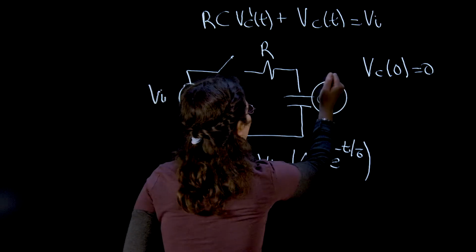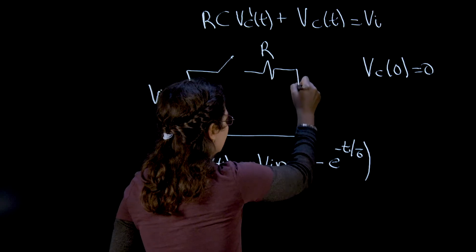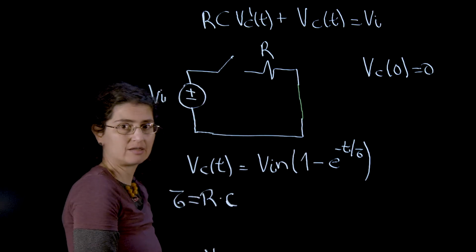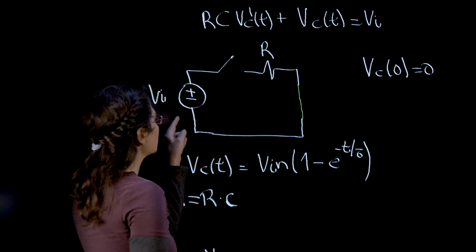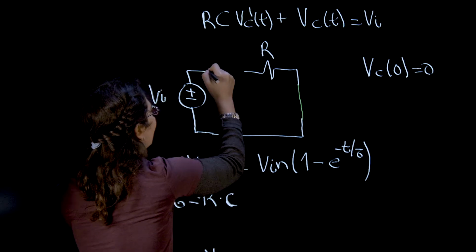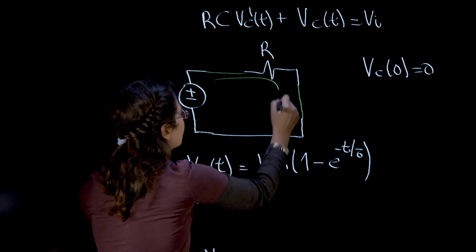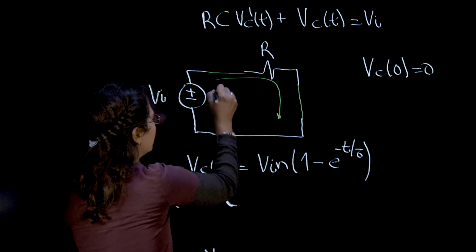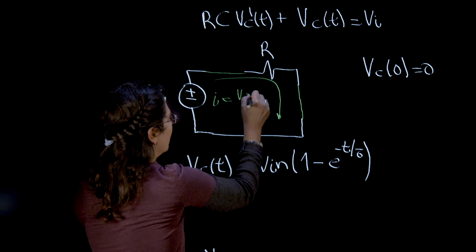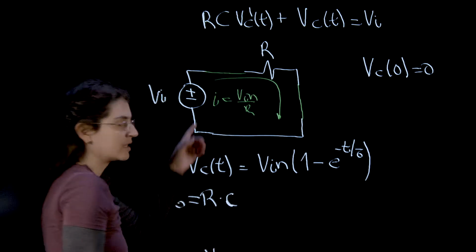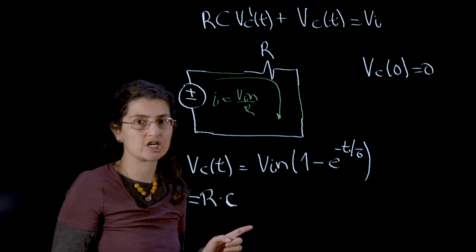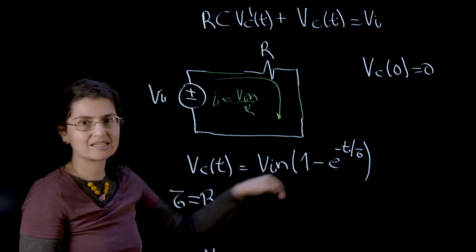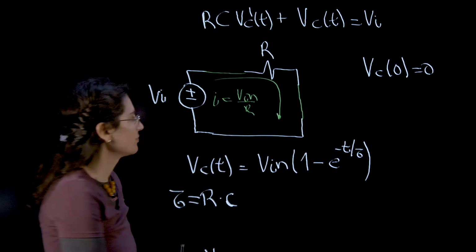So basically, my capacitor is closed for a short moment so that I can have my current here. By Ohm's law, we calculate that the current here is V in over R. So when the capacitor is discharged, it acts as a short circuit.